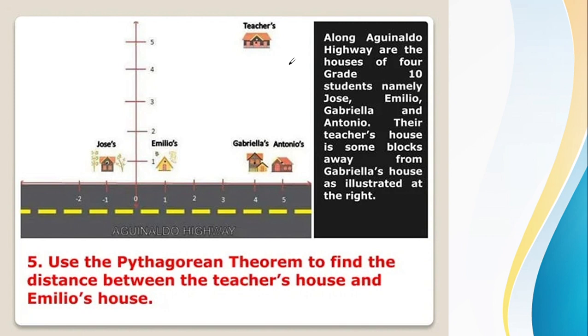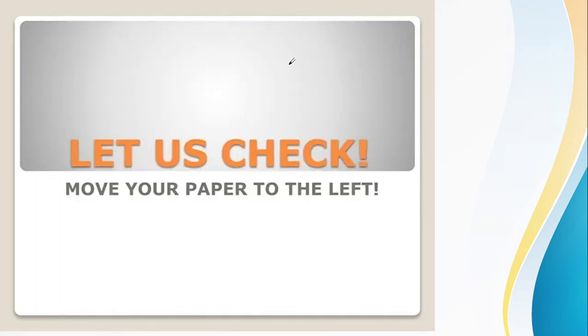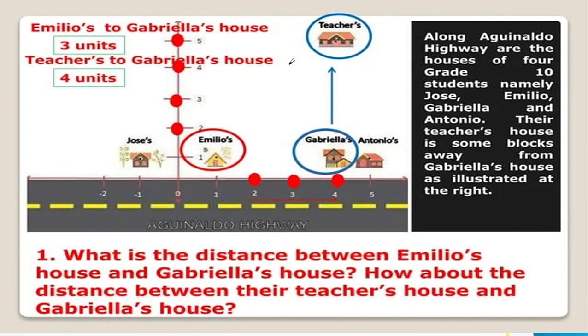Okay, let's check. For number 1, what is the distance between Emilio's house and Gabriela's house? And how about the distance between their teacher's house and Gabriela's house? So we start from Emilio's house going to Gabriela's. This horizontal line is our x-axis, and this line going up is the y-axis, the vertical line.